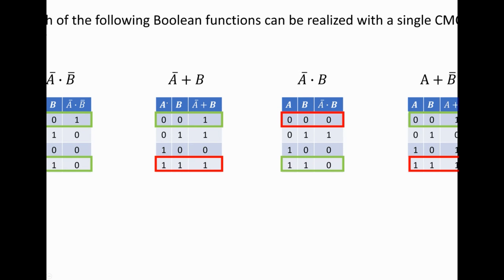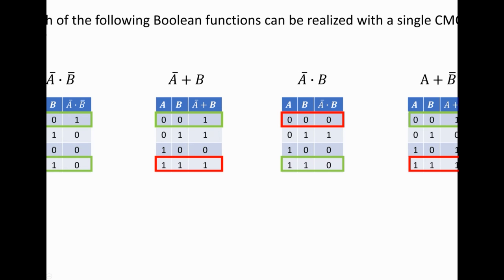So of the 4 Boolean expressions in their truth tables, 3 of them have a row that violates the pull down or pull up rules. The second one and the fourth one need to set the output to 1 when the PMOSs would both be off, and the third one would have to set the output to 0 when the NMOSs are off. So those are impossible. You can't make those.